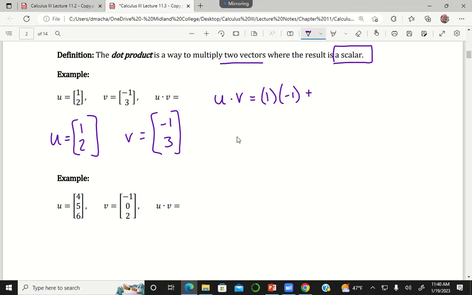And then I'm going to take the second two entries and multiply those, 2 times 3. And then I'm going to add those together. Just take the sum. So that would be negative 1 plus 6, and that would be 5. So here, in that first example, 5 is the dot product of u and v.